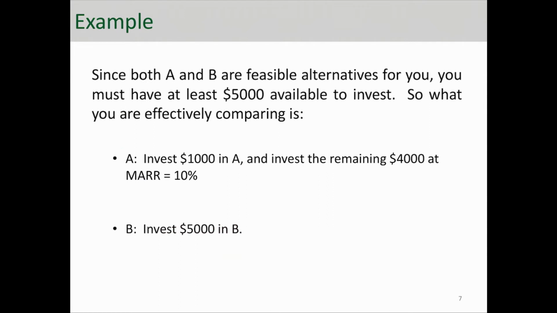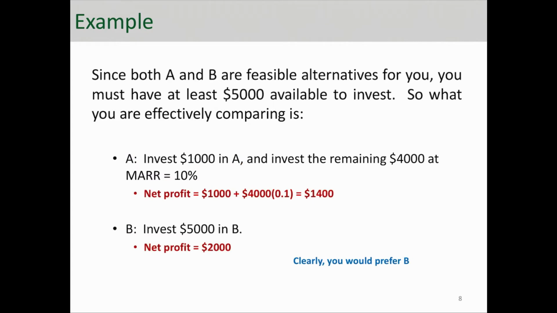If that's the case, alternative A essentially tells you to invest $1,000 of that in alternative A, and the remaining $4,000, just leave it wherever it is. And wherever it is, whether a stock market or any savings account, you're earning 10% on that. Alternative B says invest the full $5,000 in this alternative.